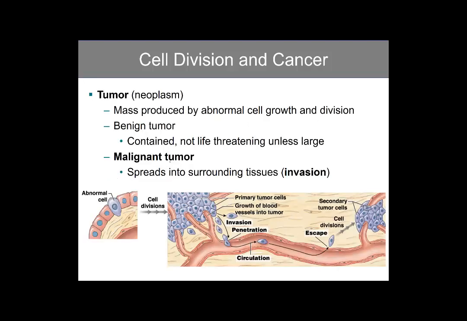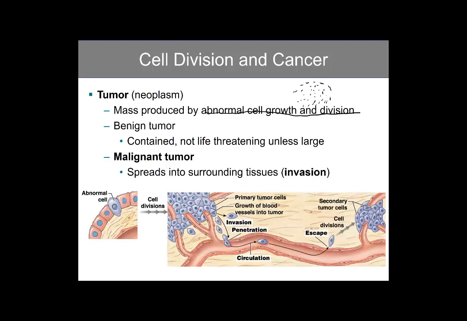A tumor, also known as a neoplasm, is a mass produced by an abnormal cell growth and division. So again, when you have one cell that all of a sudden loses control of its mitotic division rate, and it starts producing very quickly, undergoing mitosis very rapidly, it produces a tumor.